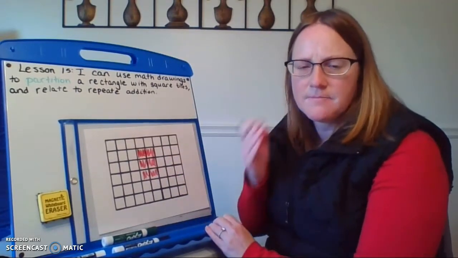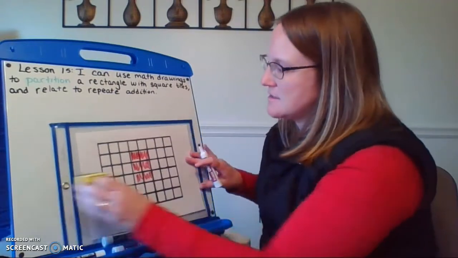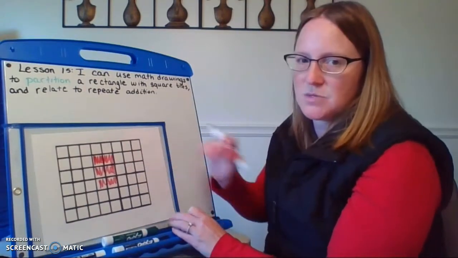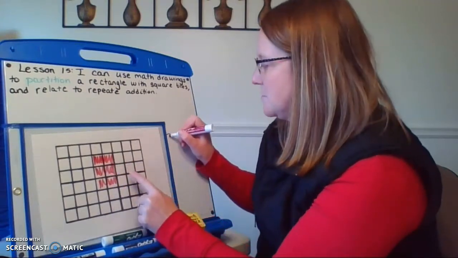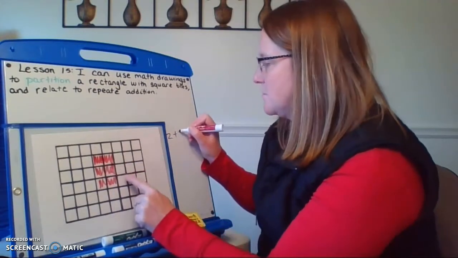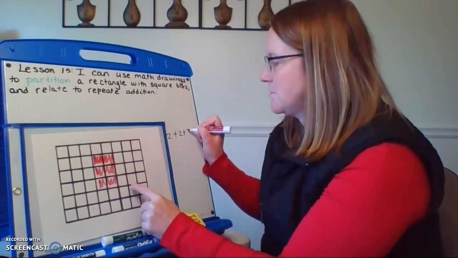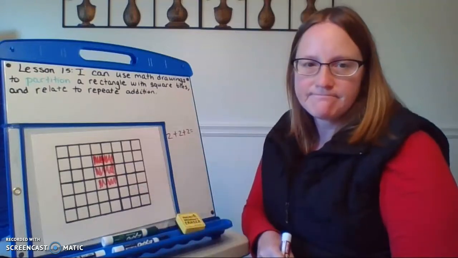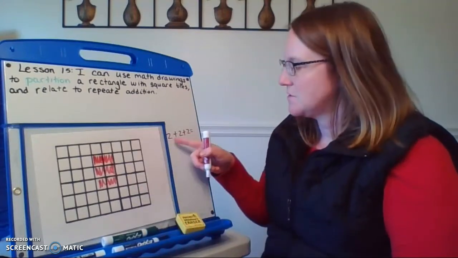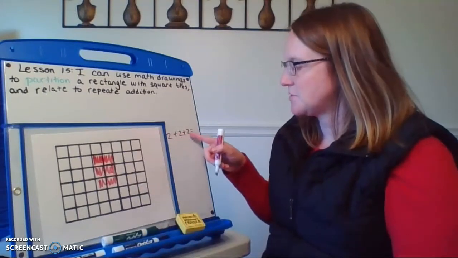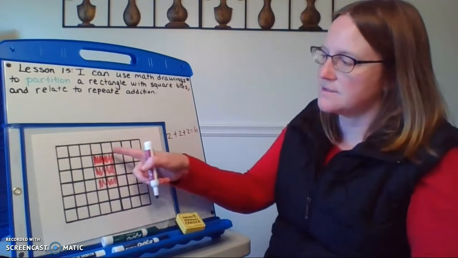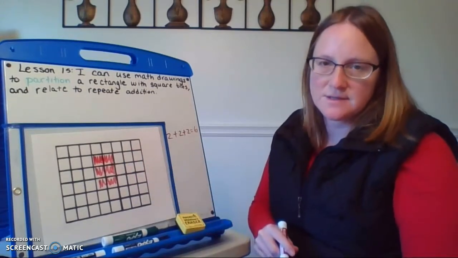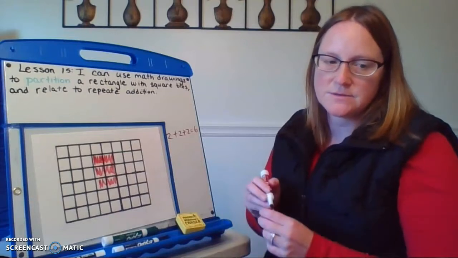And I should be thinking, what is my repeated addition sentence based on this picture? Well, I could think 2 plus 2 plus 2 equals, 2 plus 2 is 4, plus 2 more is 6. So I could think the size of this array is 6 square tiles.